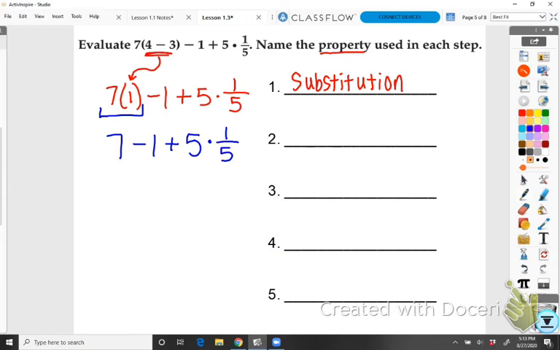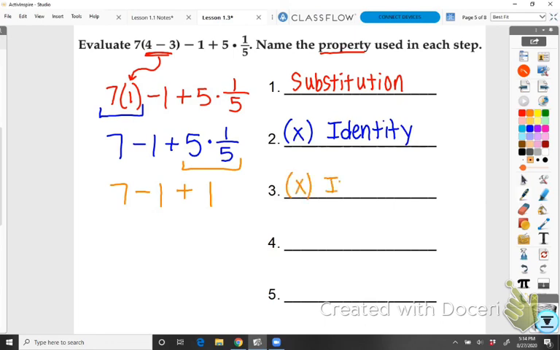So this was the multiplicative identity. Next, I see some multiplication at the end, so that's what I'm going to do. 5 times a 5th is equal to 1. So I can notice that 1/5 is the reciprocal. So this is going to be the multiplicative inverse.